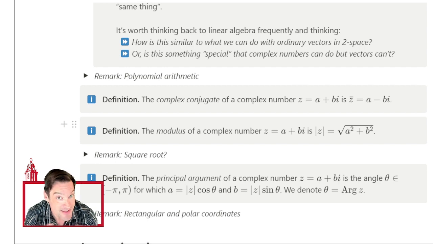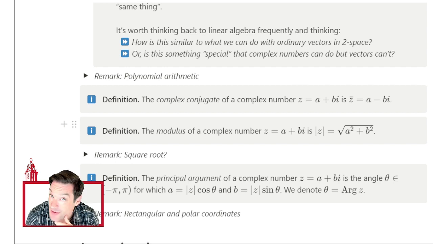That's not an accident, because if we are starting with a real number, let's say b is equal to 0 here, so this has a 0 imaginary part, then what would happen if I took the square root of a squared? Well, what I would end up getting, as our calculus students are so apt to forget, is not a.